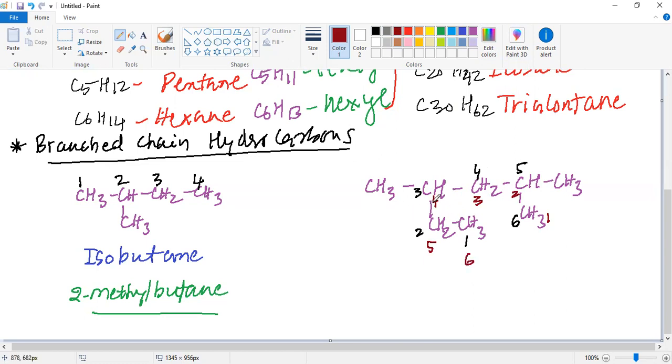So here if you take the sum of the numbering which has the branches, 3 and 5, with the black color we will have the sum of 3 plus 5, which is 8.